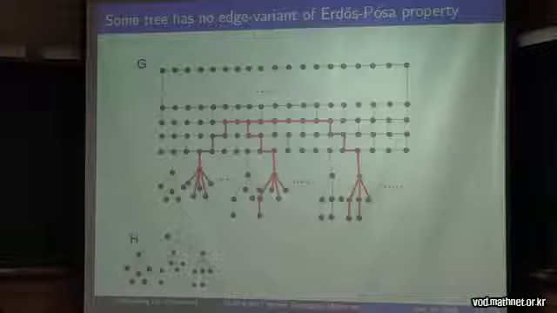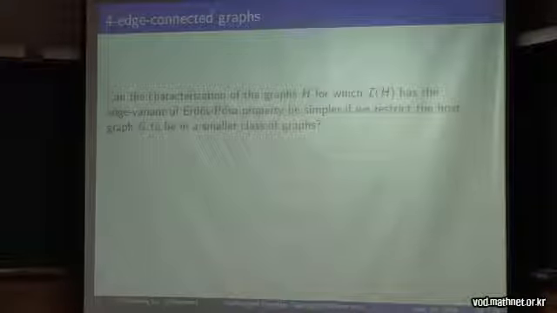Okay, but now I want a clean characterization. Finding a characterization for graph H means I want to find the conditions on H. But I know I probably have to put too many complicated conditions on H. So how about if I put the condition on the graph G? It's the host graph. Can I make the characterization simpler if my graph G has some extra property?